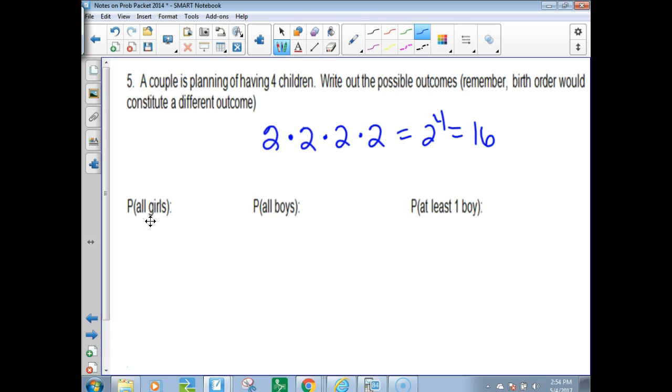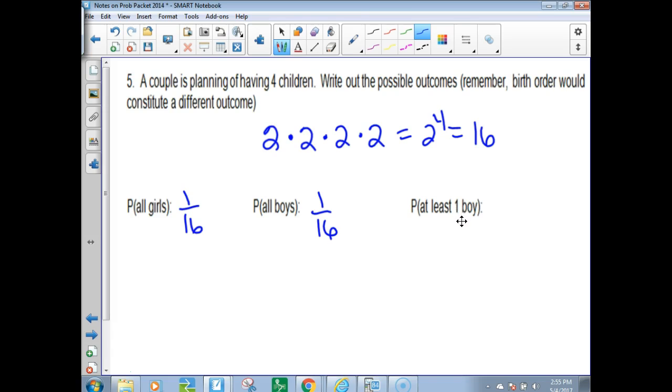So the probability of all girls, though, how many ways can you have just all girls? 1. There's only 1 out of 16 ways to have all girls. The probability of all boys is also 1 chance out of 16 to have that happen. All right, the probability that you have at least 1 boy. Now hold on.